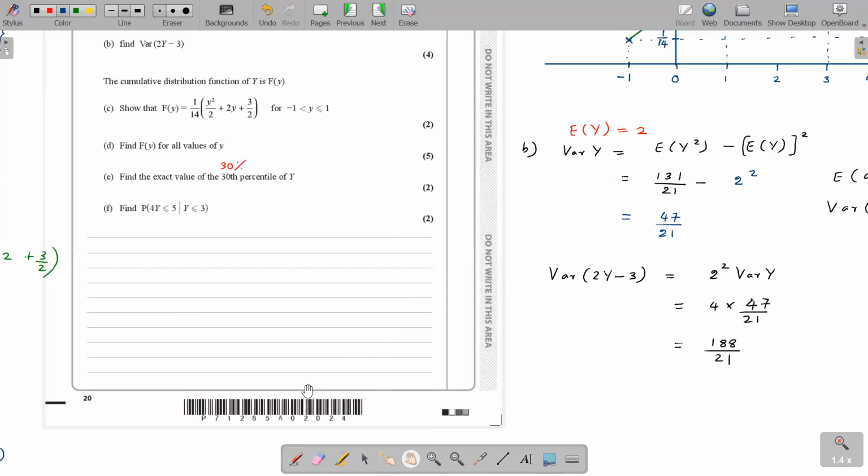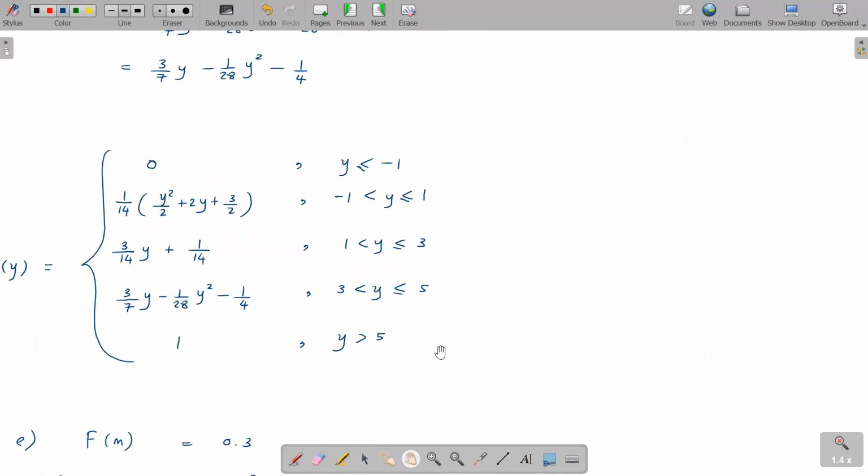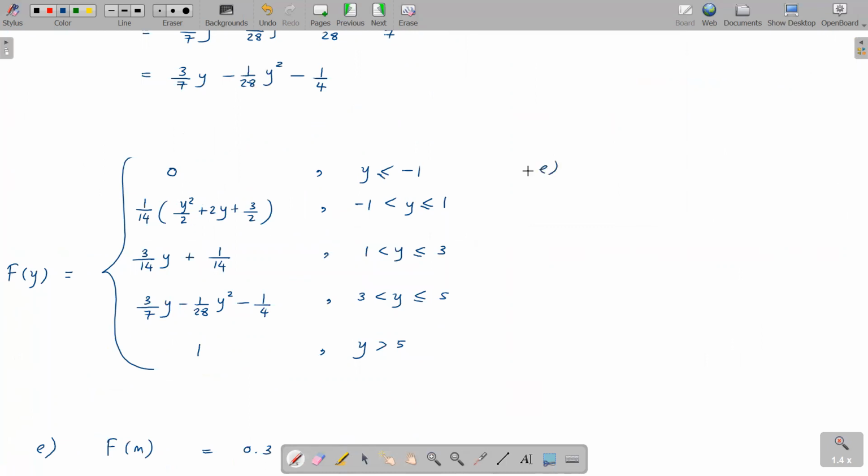Find the probability for y is less than or equal to 5 over 4, given that y is less than or equal to 3. Okay, so again, we'll go with this part. Can you all remind me the sum again?